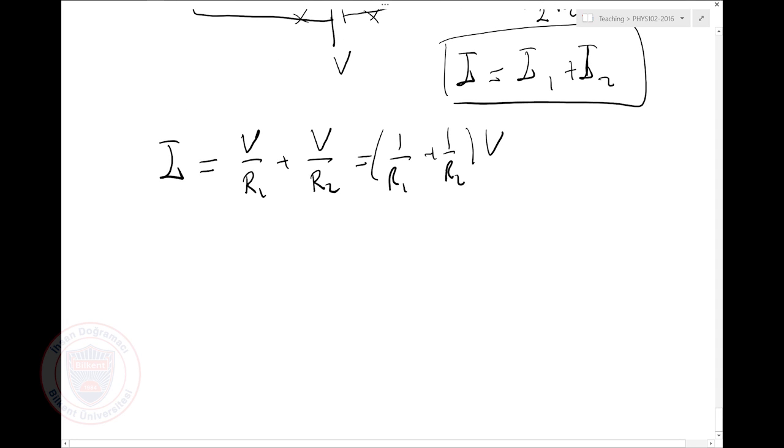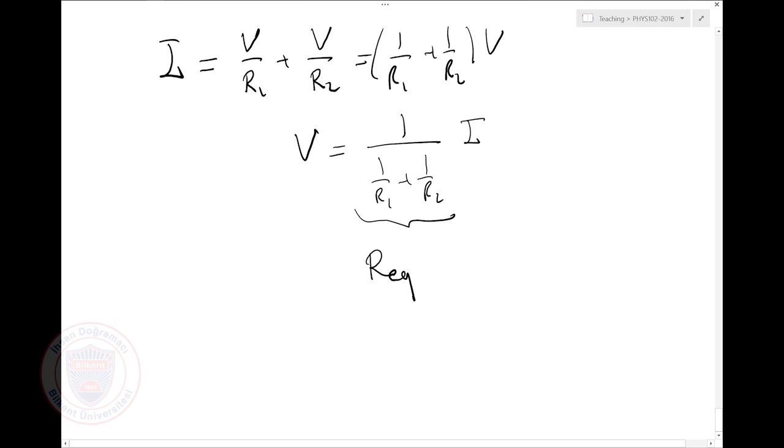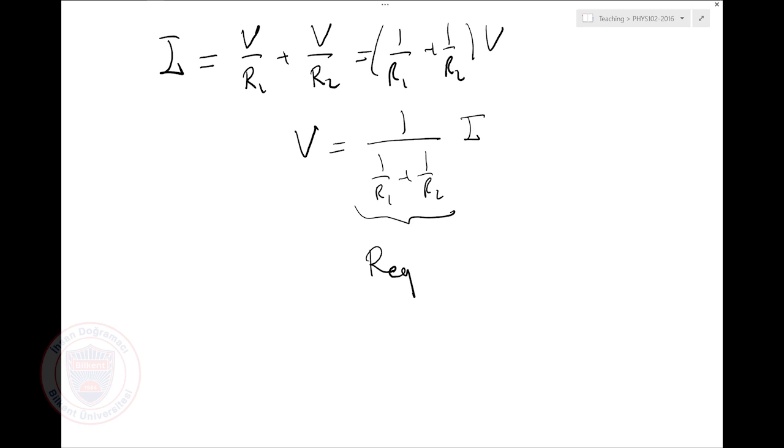Or I can say V is 1 over R1 plus 1 over R2 times I, which means my equivalent resistance is 1 over R1 plus 1 over R2, or I'll remember it as R equivalent inverse is R1 inverse plus R2 inverse.